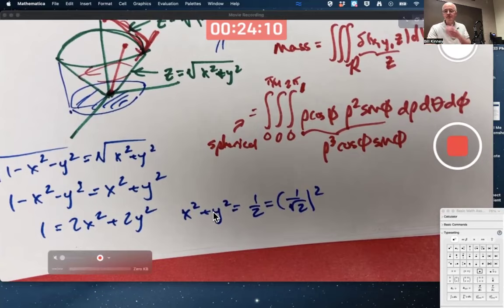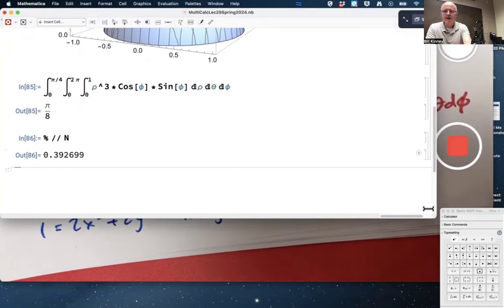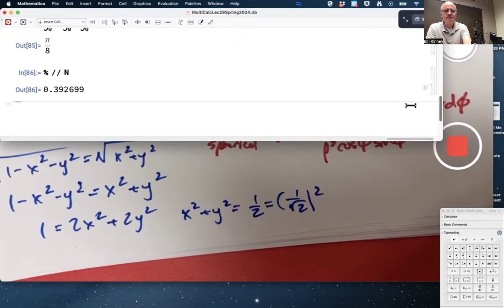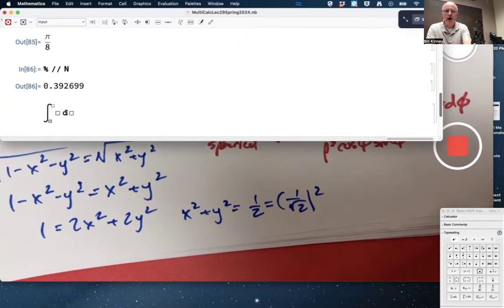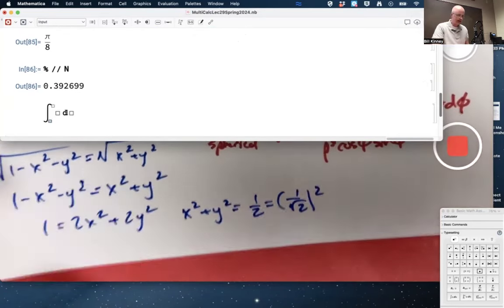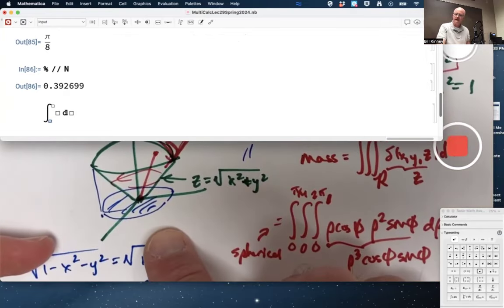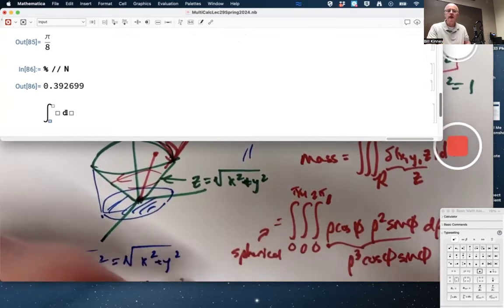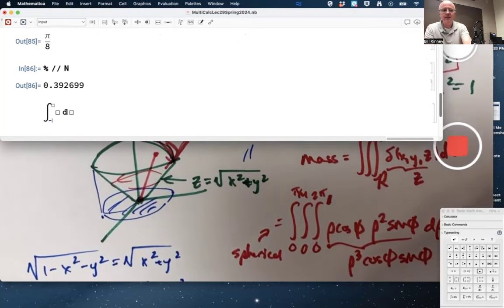Let's see if it works. Doing it now as a triple integral in rectangular coordinates, along that circle that is the shadow in the XY plane of the ice cream cone, x goes from -1/√2 to +1/√2.